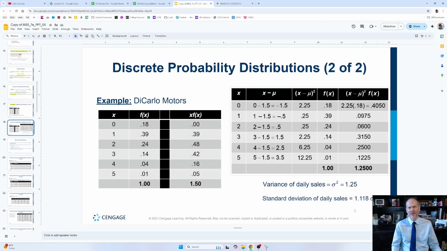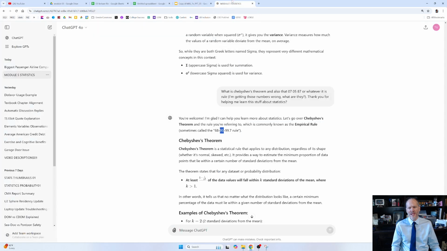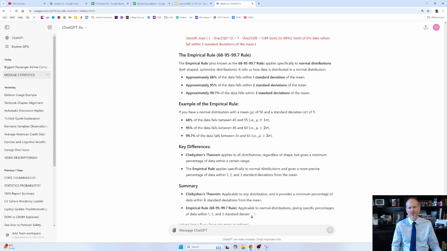And I'm just thinking if I'm saying this right. We'll read through this and see what they say. And then 3 standard deviations. I kind of think this should be 3 standard. Like that's all of it. Let's read it. The empirical rule applies to normal distributions, bell-shaped symmetric distributions. It tells us how data is distributed in the normal distribution. 68% of the data, that's right, is within 1 standard deviation. So the more standard deviations, the more data it captures.